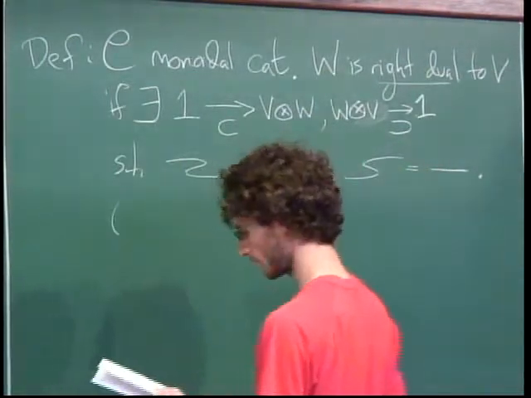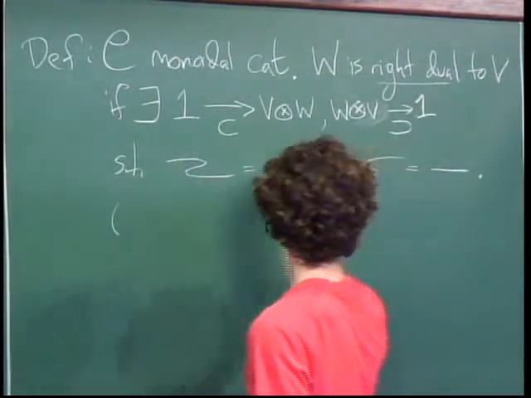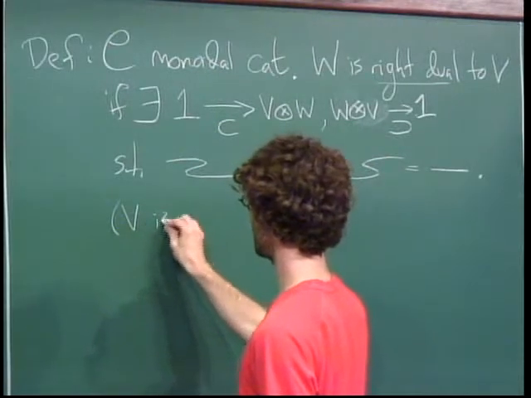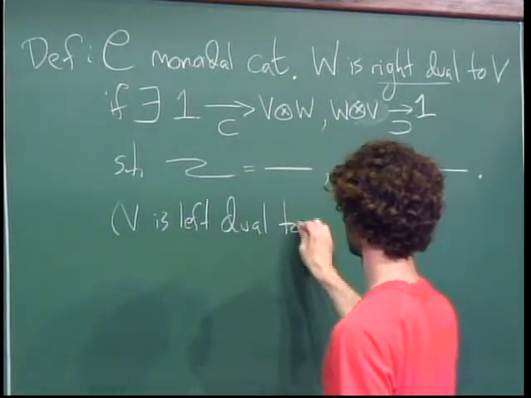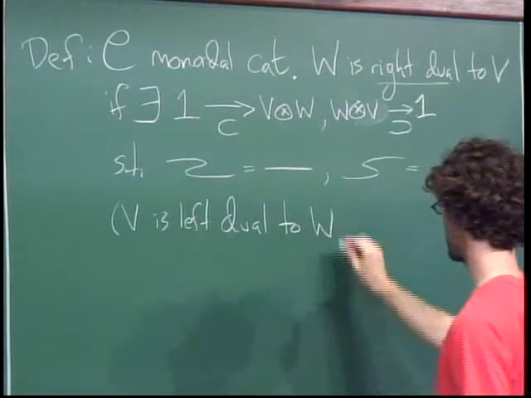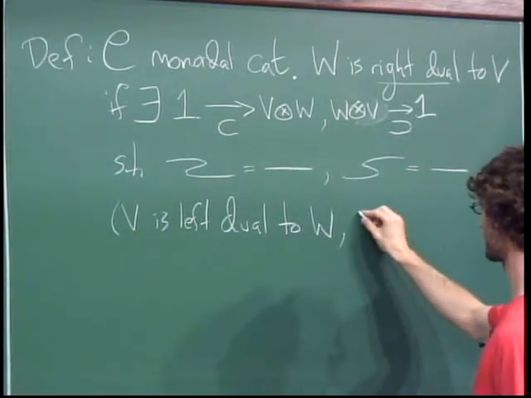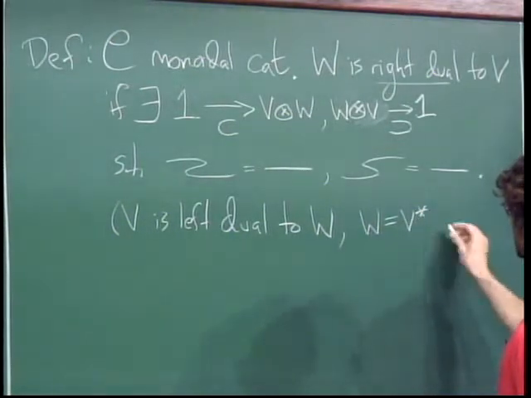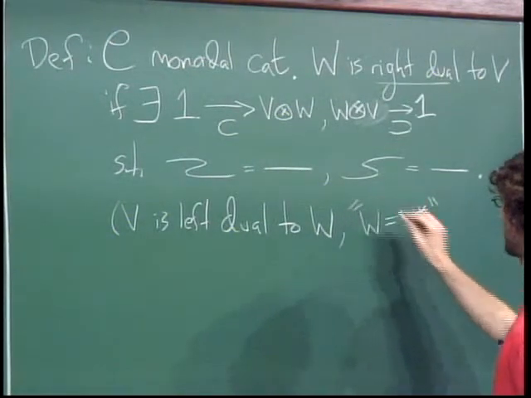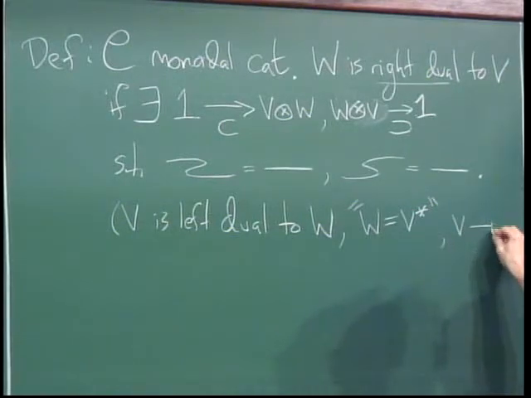So just as a comment, in the same situation, we say that V is left dual to W, and we might write W equals V star, or sometimes use this adjoint notation here.